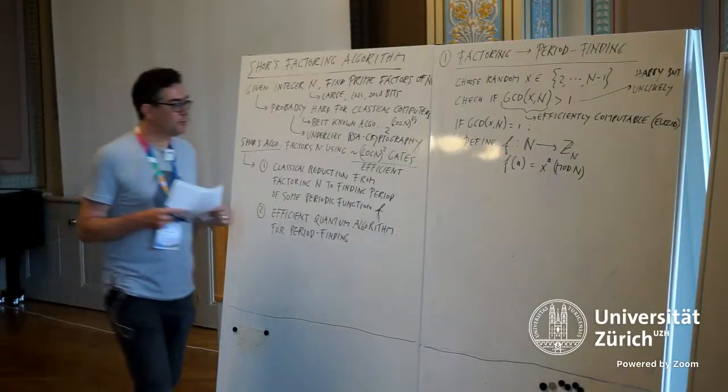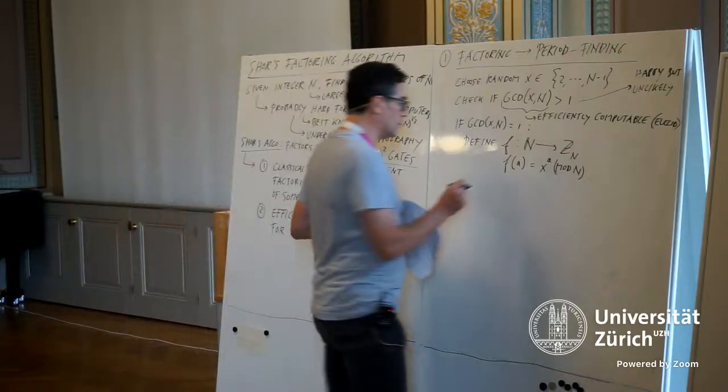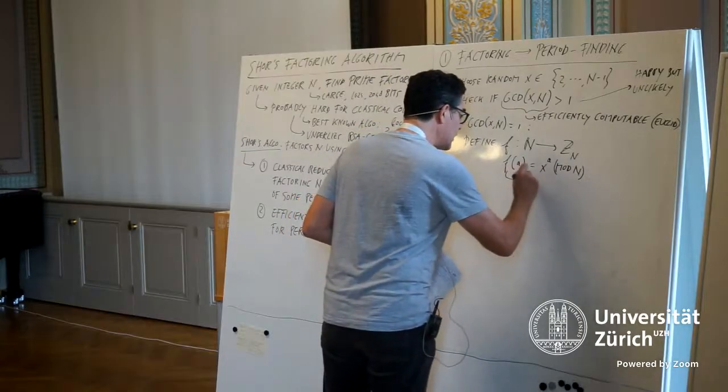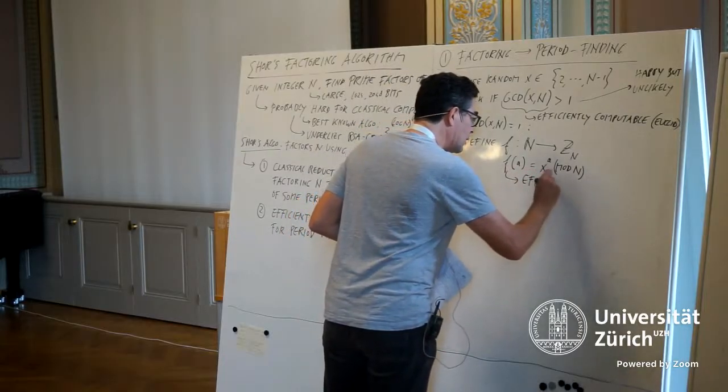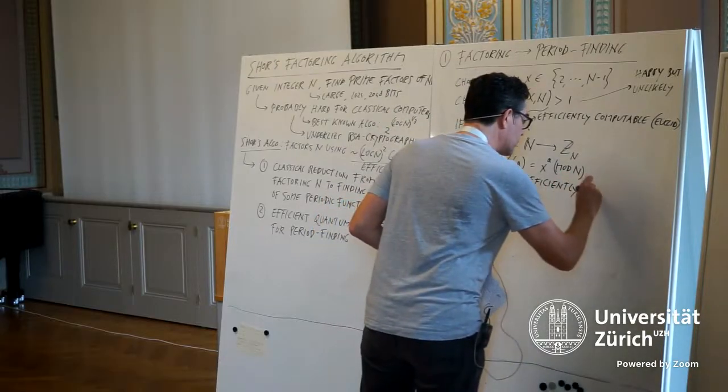And this f is actually efficiently computable classically by something called repeated squaring. I'm not going to explain it, but it's important to keep in mind that this f is not some super complicated function, but it's efficiently computable.